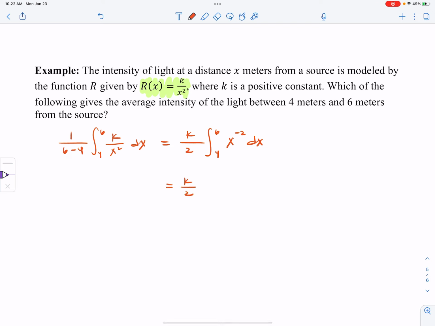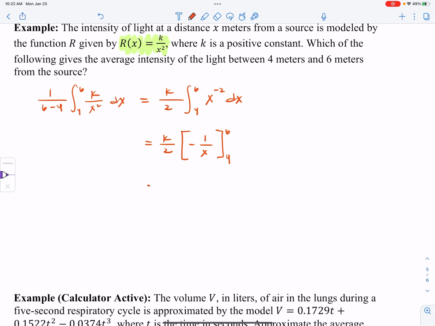So we'll have k over 2 times, that'll end up being negative 1 over x from 4 to 6. And then it's negative 1/6 minus negative 1/4.